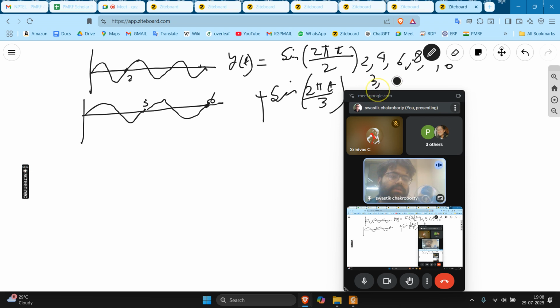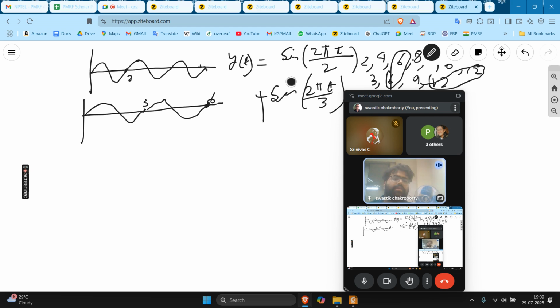This will repeat at 3, 6, 9, and so on. So when do they truly repeat? When do both of them repeat, so that y(t) repeats? At 6. When will both of them repeat next? 12. Because 12, 12, again common. But for time period, only the lowest matters.